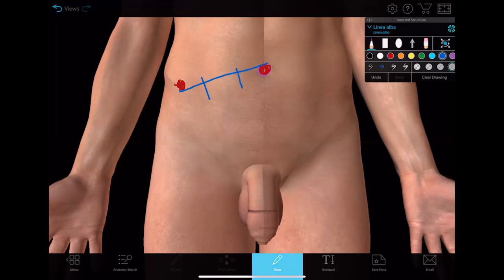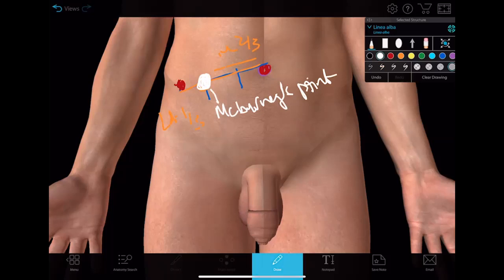So the McBurney's point is at the junction of the middle 2/3 and lateral 1/3, right? So here is the McBurney's point, okay? Here lies the tip of the appendix, okay? It should be there.